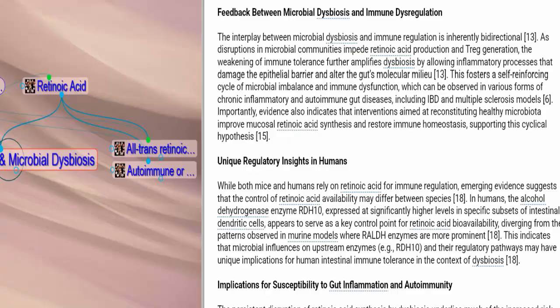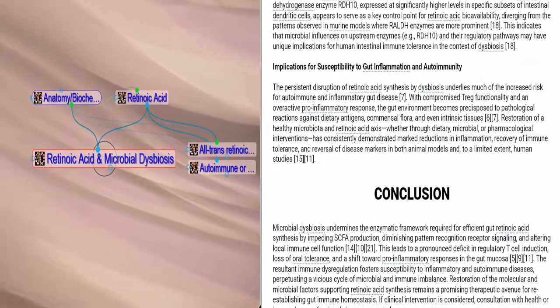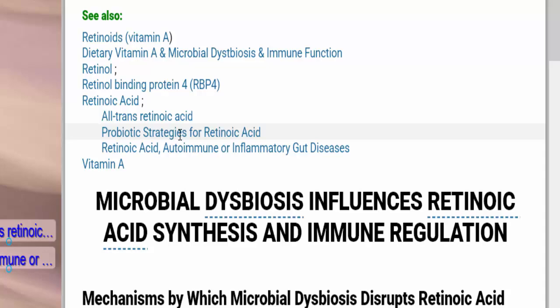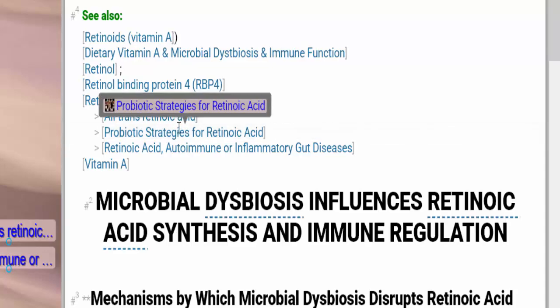So there's more in this section that you guys can go through. But we notice here that restoring the microbial environment can help restore retinoic acid. So it's not just taking vitamin A, it's also having a healthy gut microbiome. You'll see here probiotic strategies for retinoic acid.